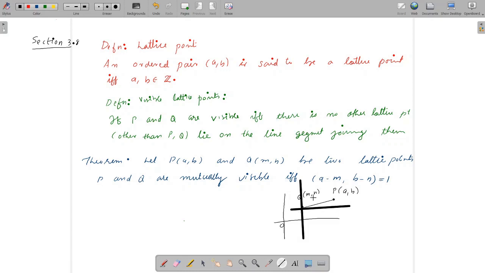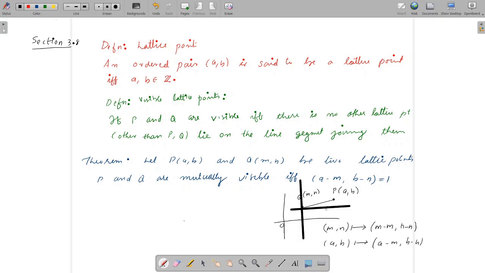So the coordinates (m, n) change to (m minus m, n minus n), and the corresponding (a, b) is changed to (a minus m, b minus n). So (a, b) is mutually visible from (m, n) if and only if (a minus m, b minus n) is visible from origin.